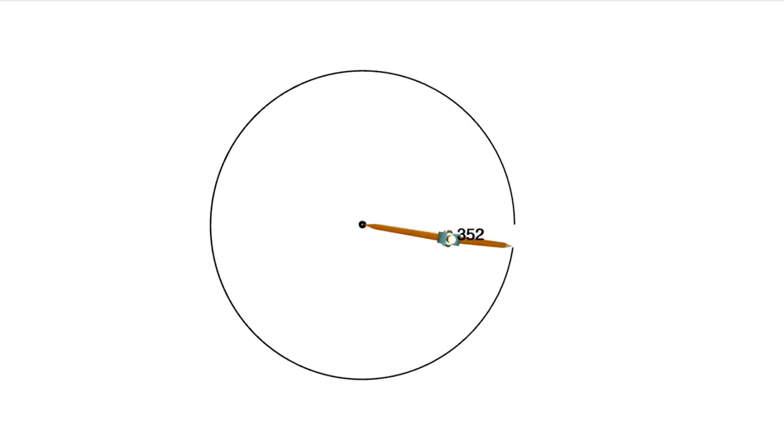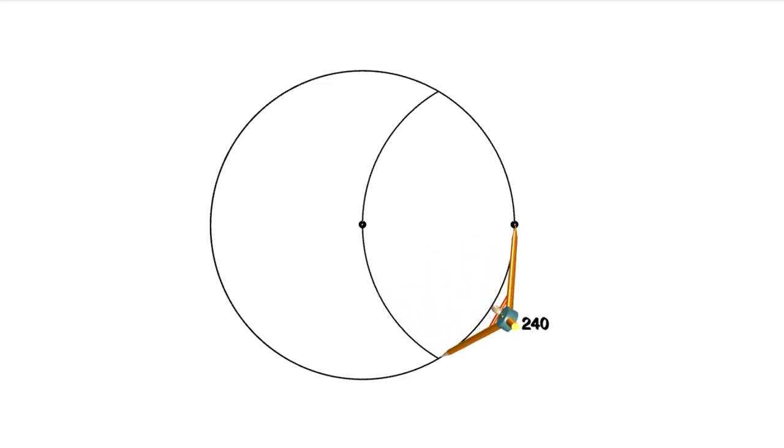Let us take a center here. Draw a circle with radius 6. Take any random point on that circle. We took a point which is horizontally placed, but nevertheless you can take any point you like.